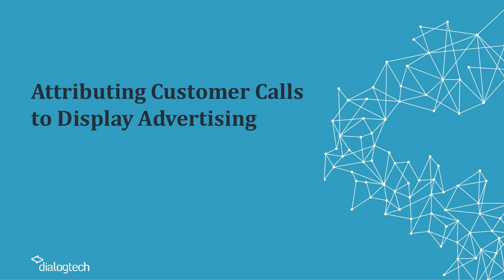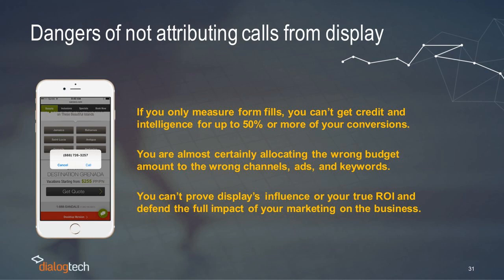Attribution. So this is always the key, right? We're spending thousands of dollars on display ads, and sometimes hundreds of thousands of dollars and even millions of dollars on display ads. And how are you attributing your conversions back to your display impressions? So one, you have to make sure, specifically if you're running mobile marketing campaigns, you have to attribute calls back to all of these campaigns, not just search, but also display.